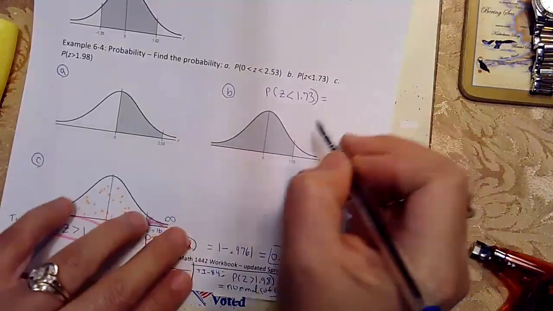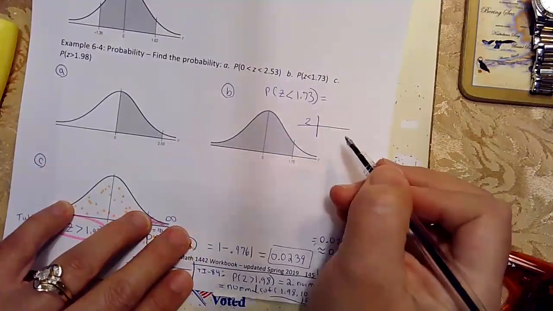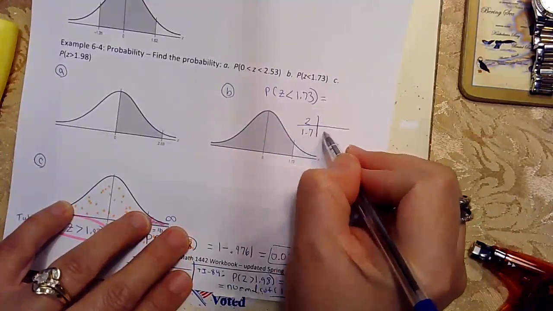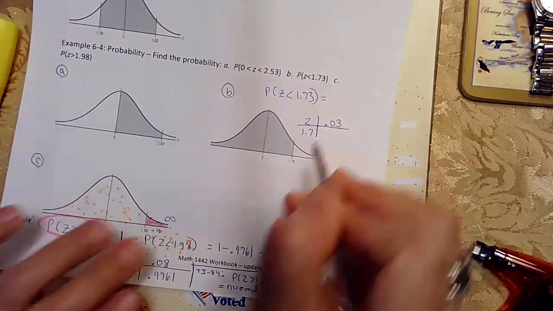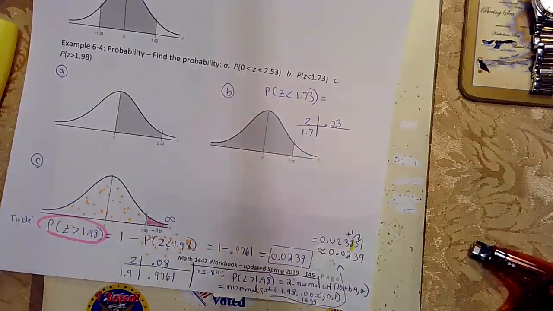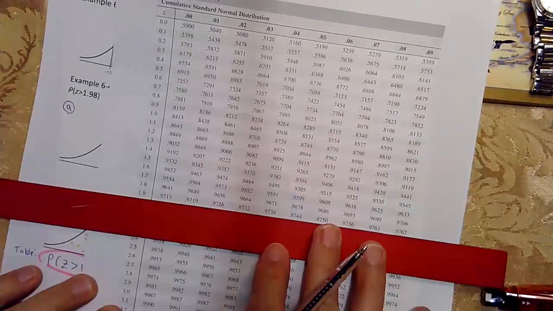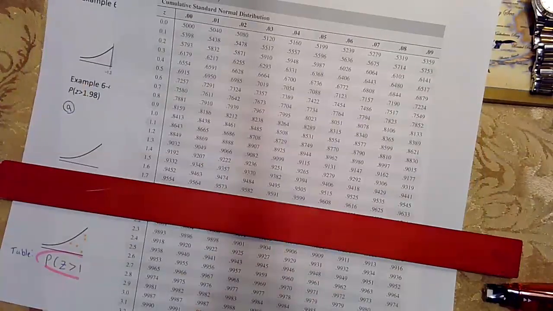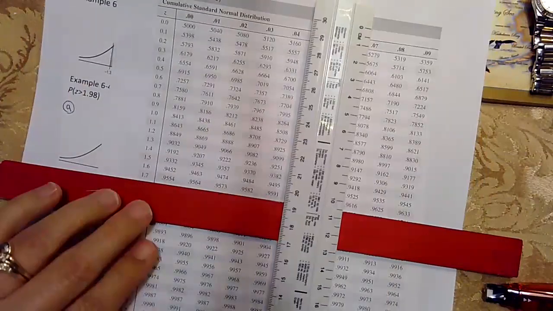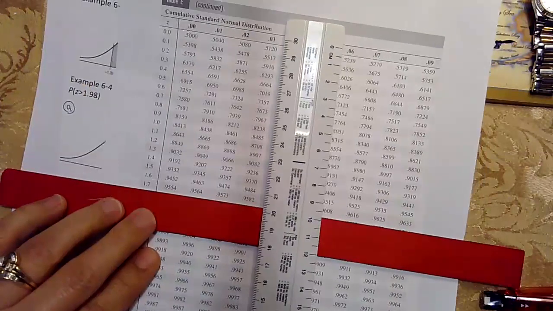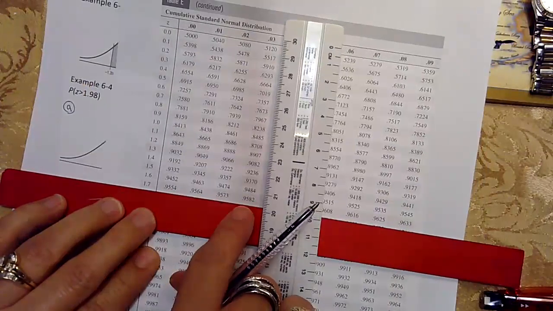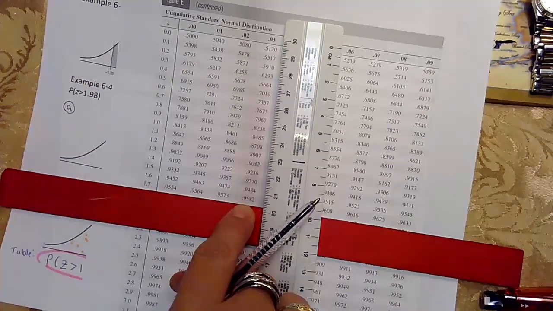And you just look that up on your table, right? 1.7 and then 0.03. See the number right there? 9582.